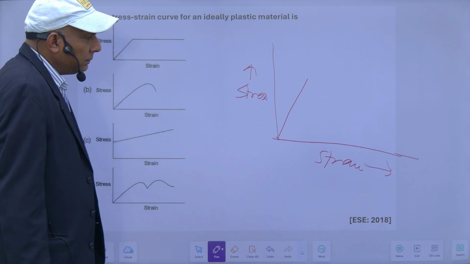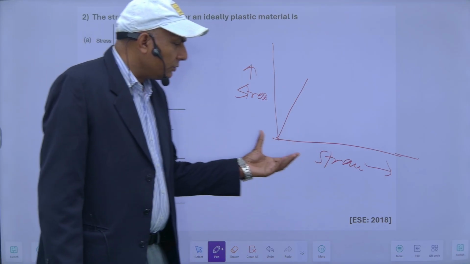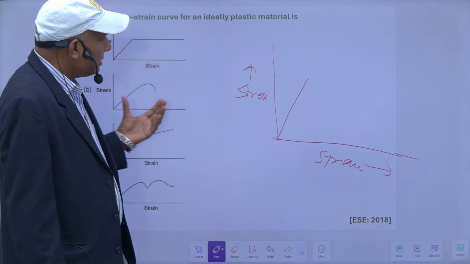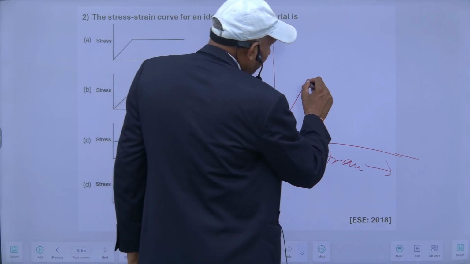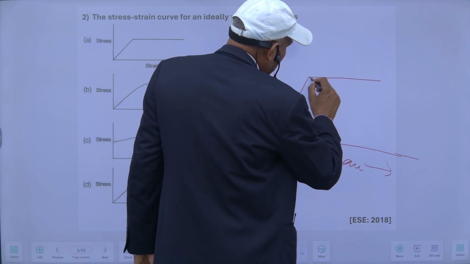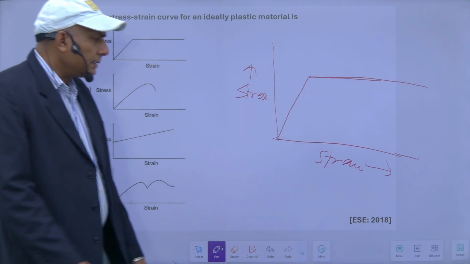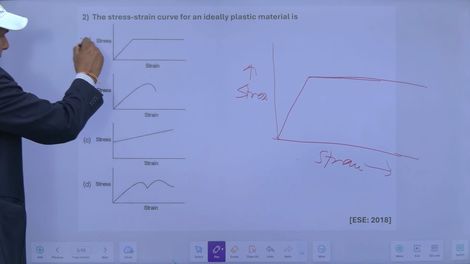Thereafter, due to perfect yielding, due to its plasticity, it is an ideal plastic case, so without increase in the stress, without increase in the load, there is a considerable strain. So in this case, the answer is this one.